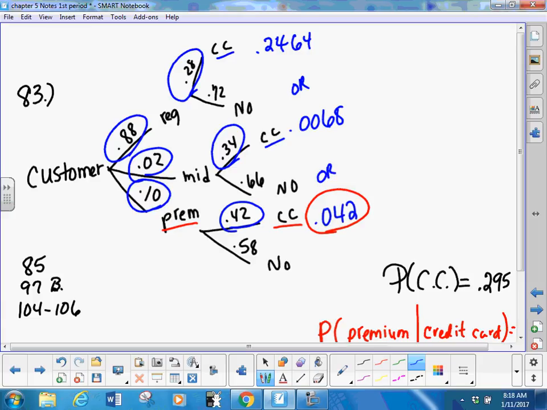Yes. They bought a certain type of gas and they paid with a credit card or not paid with a credit card. That's when I would use a tree diagram. Sometimes if it's real simple, a Venn diagram will work if there's only a couple things going on. But if you got some folks that are doing a couple different things, 2 or 3 different things, tree diagram's where you want to go. There's not really a hard and fast rule when you use it though.